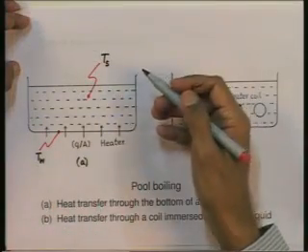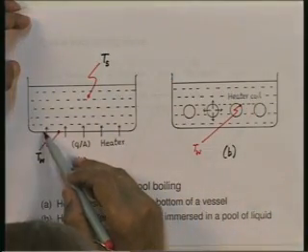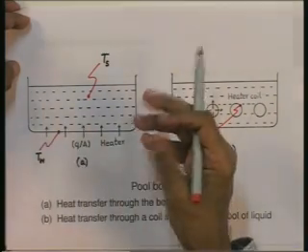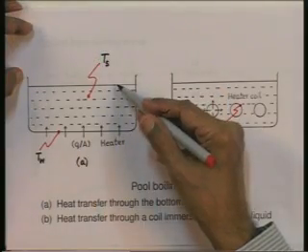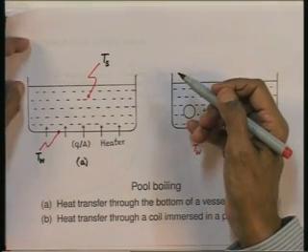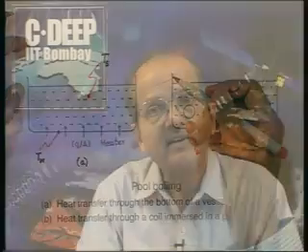Then the next one forms. So, like this, bubbles keep forming at the surface, the bubbles keep on increasing in size, and then they leave at a certain point because of buoyancy effects, they detach from the surface and rise to the free surface. This is the region which is called the nucleate boiling region.